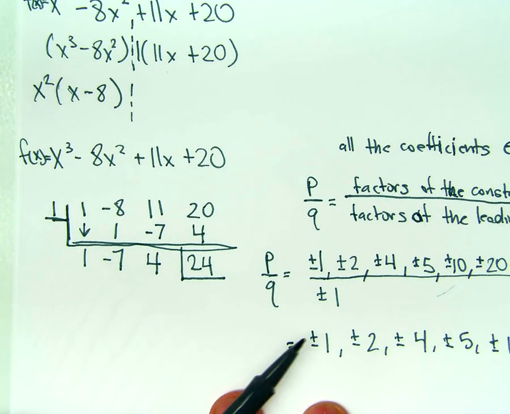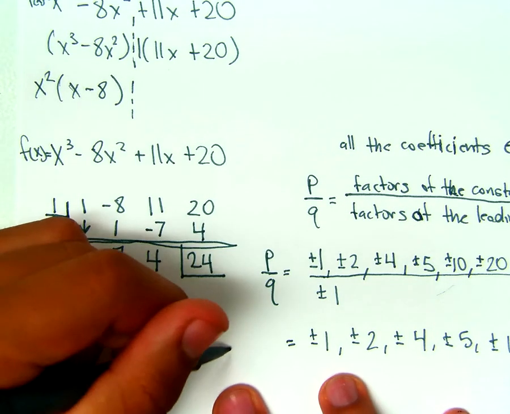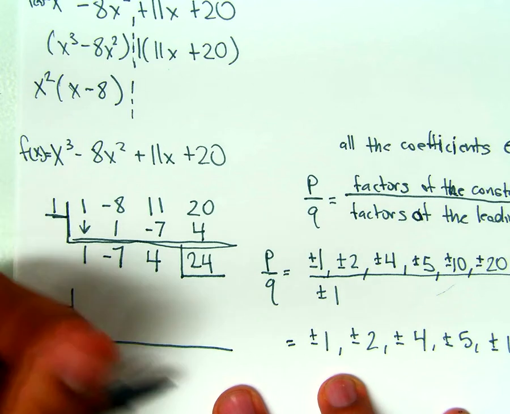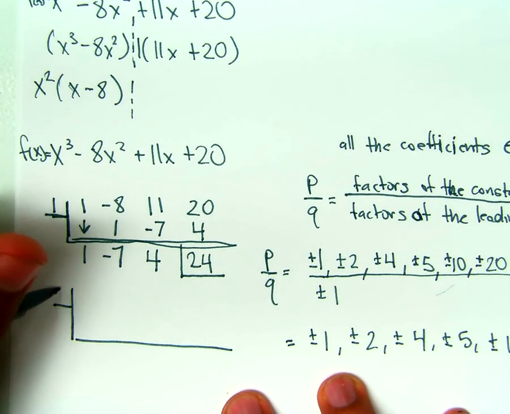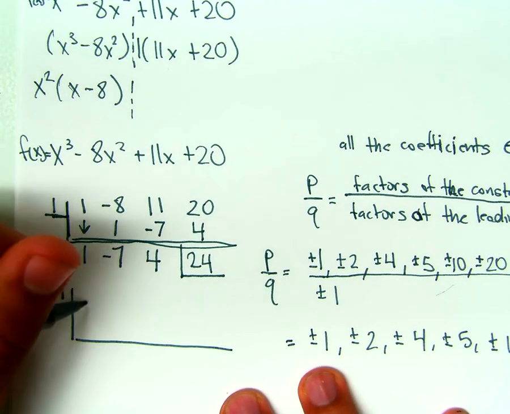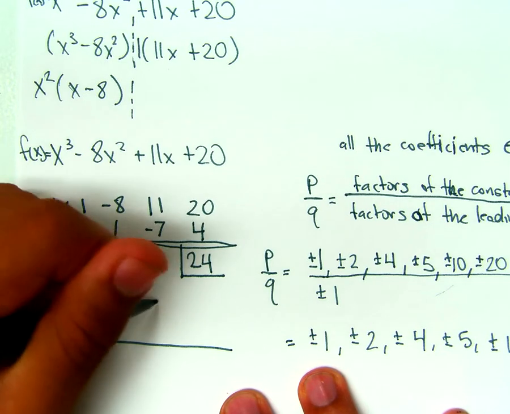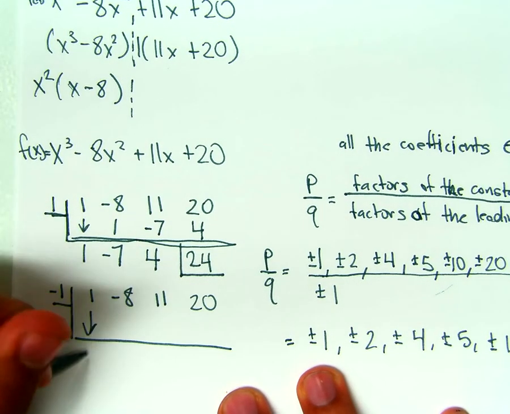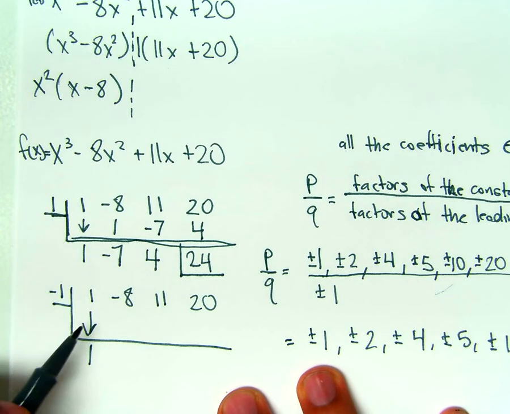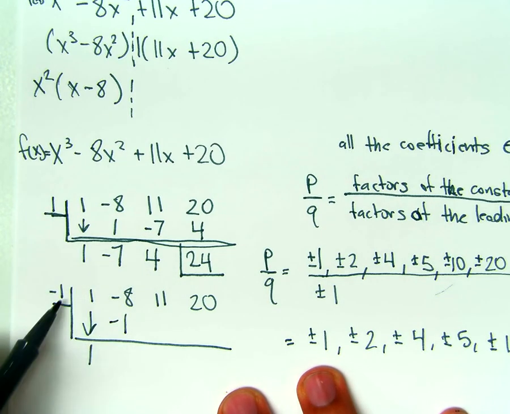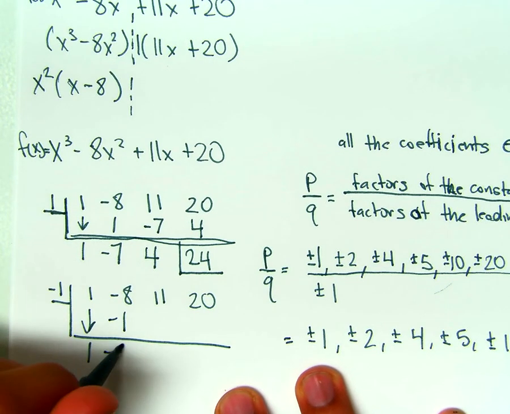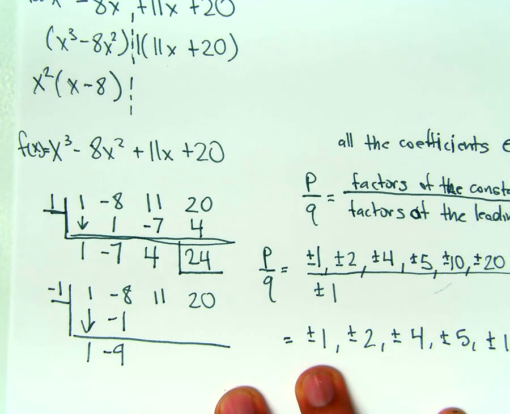Okay, so now let's try negative 1. Just going to go through the process of testing these until we find one that works. Okay, so we have 1, negative 8, 11, and 20. Okay, bring down the 1. 1 times negative 1. Negative 1. Negative 8 and negative 1 combined. Yeah, we're combining them.